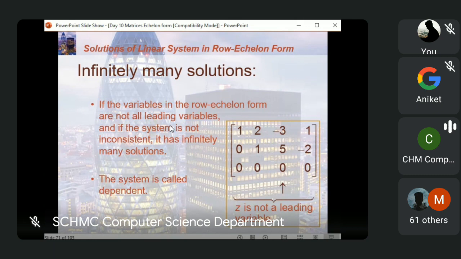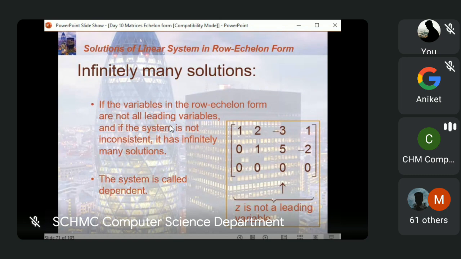In that case you will have to decide whether you have a unique solution or infinitely many solutions. Today if I tell you that I actually saw a gadget which had 5 wheels and could move, can you guess what it is? Put up your guess. 5 wheels and it can move.